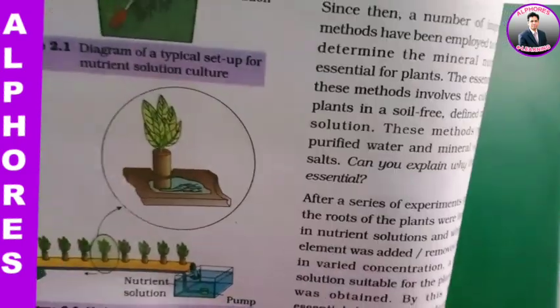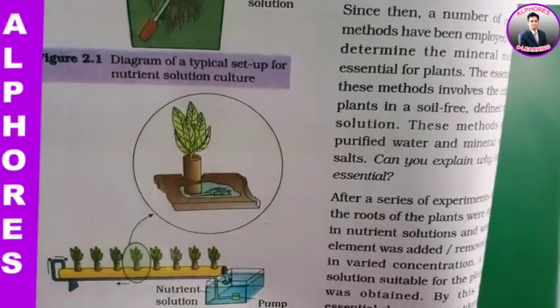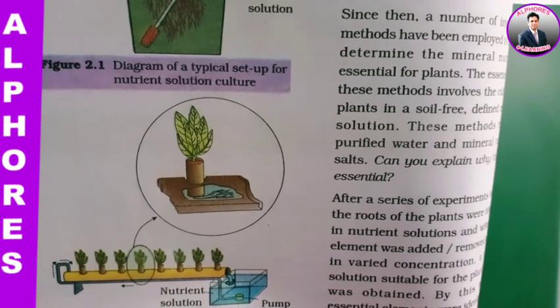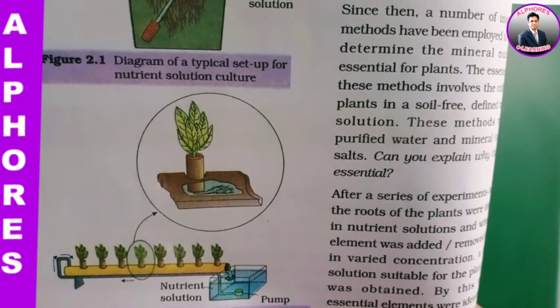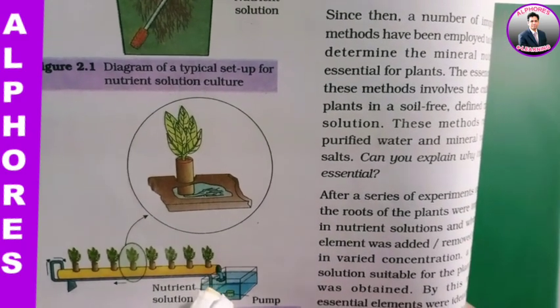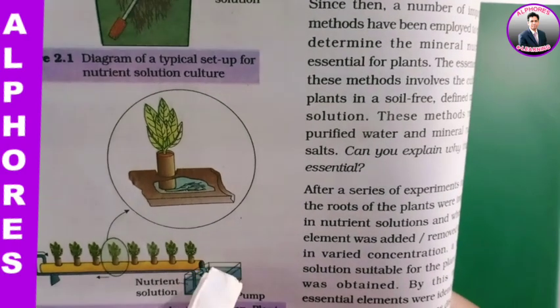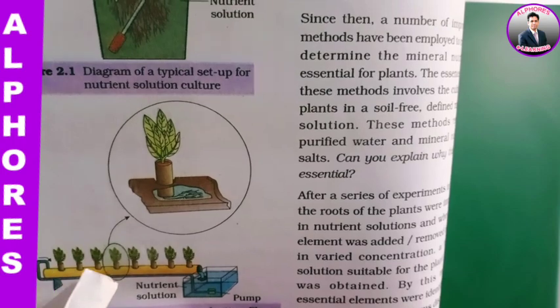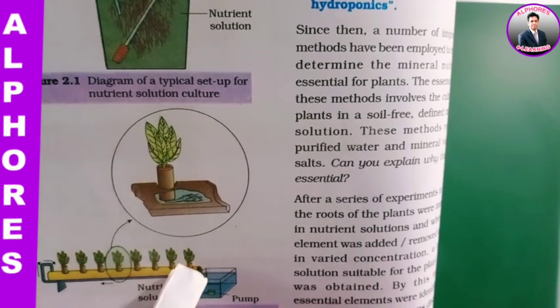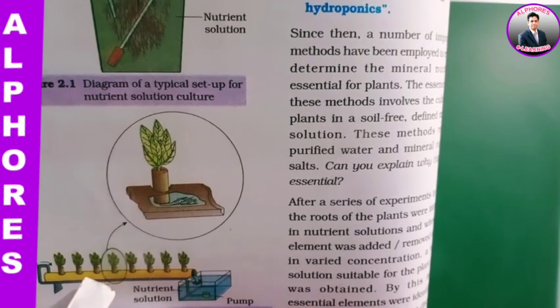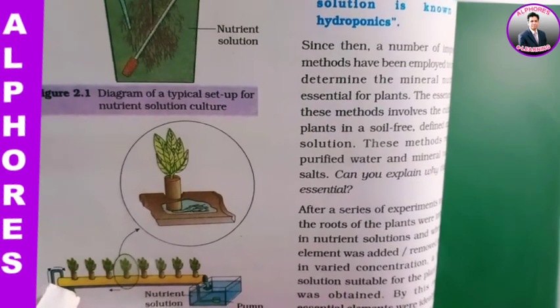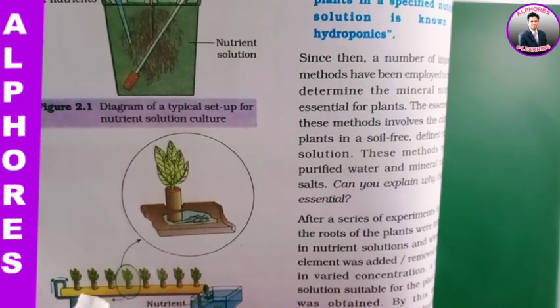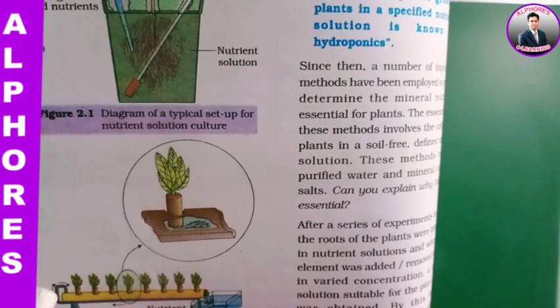Okay. Number 2. Sir, go for this diagram of hydroponics. See this diagram carefully. Sir, in this diagram, from the reservoir, the nutrient solution is going into a tube, then into one elevated tube. Yes or no? This is the elevated tube.